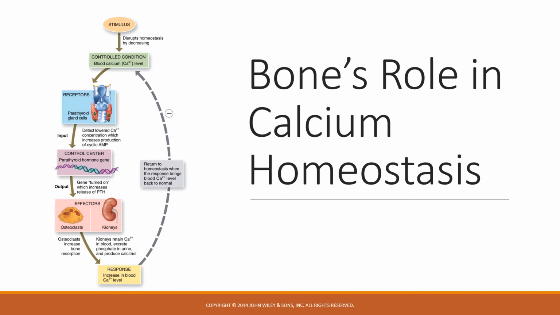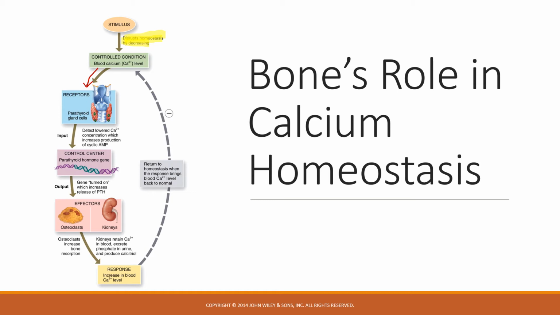Here we have a negative feedback mechanism diagram for calcium levels. Here homeostasis is disrupted by a decrease in the blood calcium level by some stimulus. That will be detected by parathyroid gland cells.